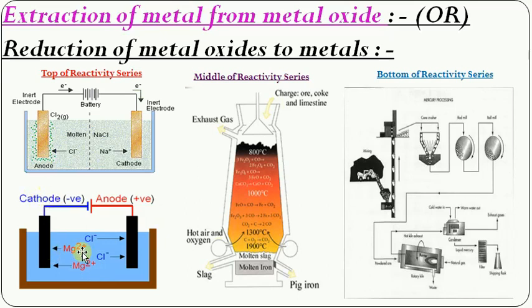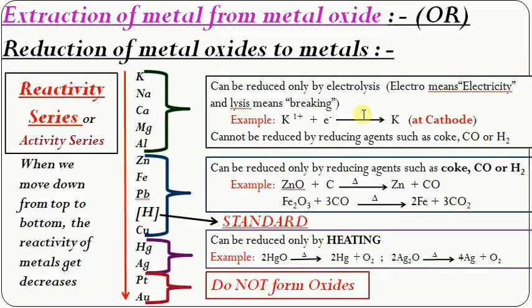The Mg 2 plus will gain 2 electrons and deposit as a magnesium atom at the cathode. So this is the idea, my dear children. The metal gets deposited at the cathode. Similarly, potassium gains an electron from the cathode and converts into a potassium atom. What about the middle of the series?